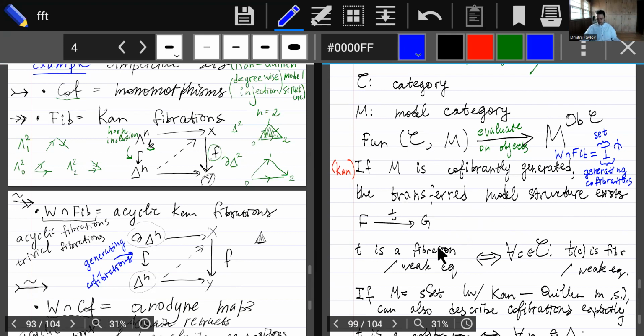And in this model structure, a morphism, so morphisms here, recall, are natural transformations. Morphisms of functors are natural transformations of functors. And such a natural transformation is a fibration or a weak equivalence if and only if its components are fibrations, respectively weak equivalences.